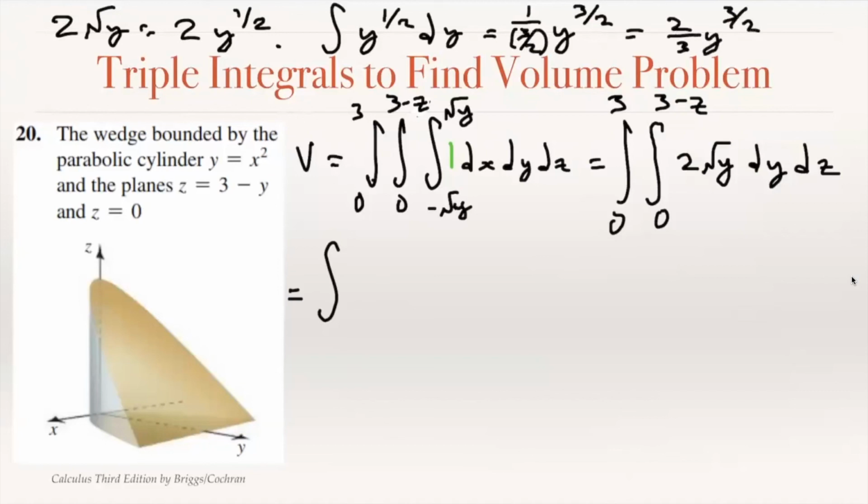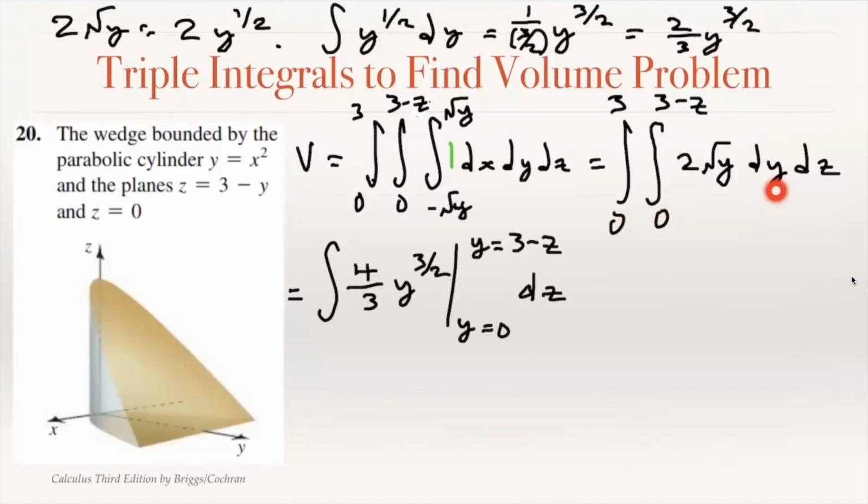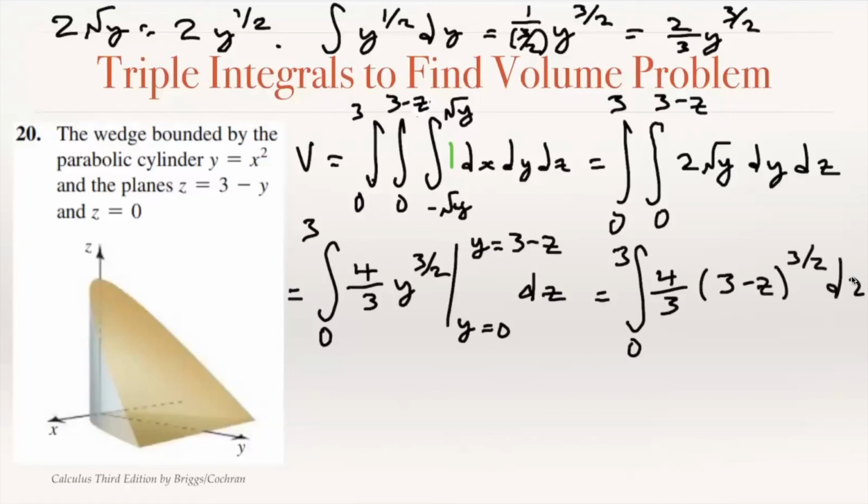So the integral is that. Okay, so that inner integral there is 4/3 y to the 3/2 evaluated between those two points. So plug in 0 goes away, plug in 3 minus z. We have 4/3 times the 3 minus z to the power of 3/2 dz.